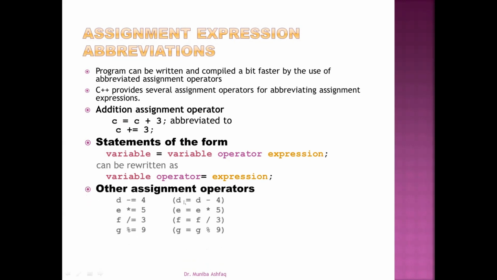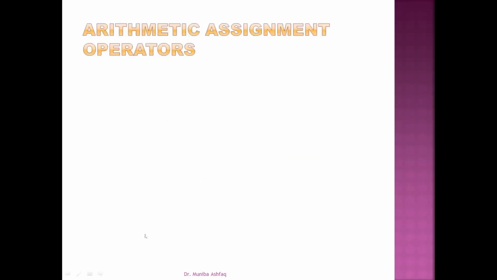Other assignment operators: we have examples like d -= 4, which is equivalent to d = d - 4. e *= 5, which is equal to e = e * 5. And similarly, it's the case for the rest of the operators.